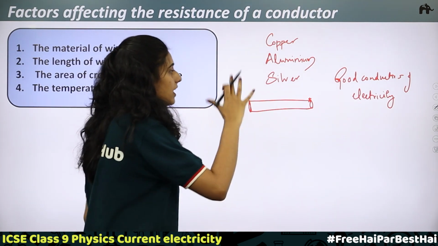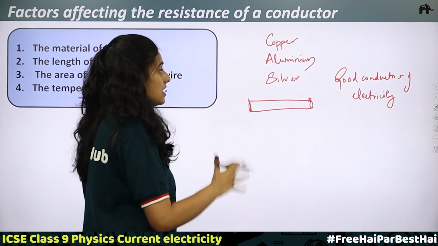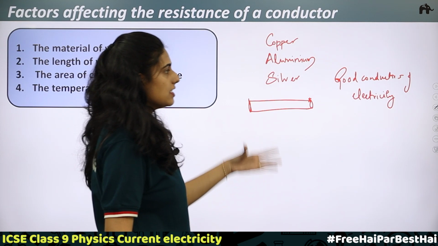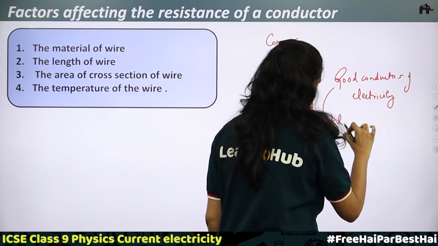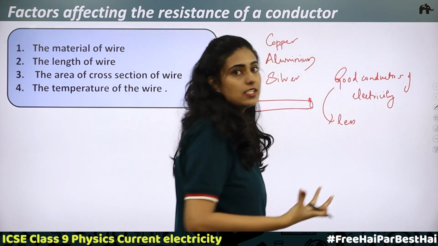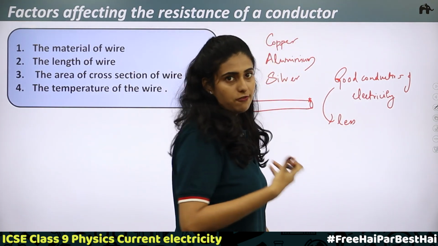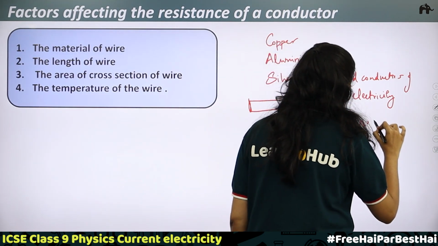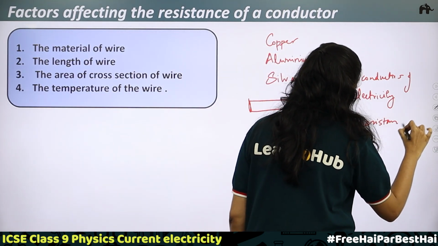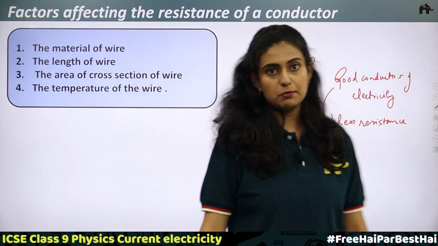That is, it is offering complete resistance. It doesn't allow the current to flow. But when you consider good conductors of electricity, the resistance will be less, because good conductors will easily allow the flow of current through them. So, less resistance. This is the first thing, the material of the wire.